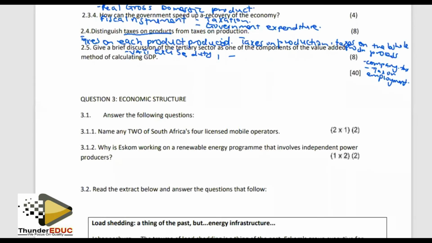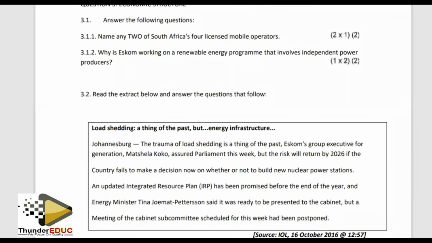Let's look at another question that could give you 40 marks actually. So let's look at question number 3, which talks about economic structure. 3.1.1 is asking about South Africa's 4 licensed mobile operators. And this one should not confuse you, because right now in your hand you have a mobile phone, but it is operating with a mobile operator.